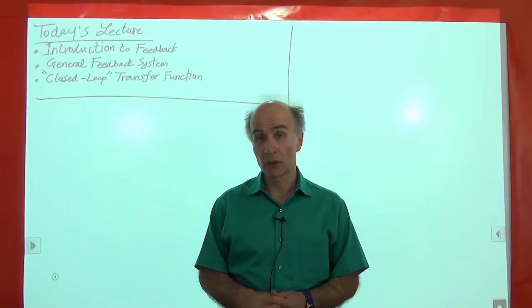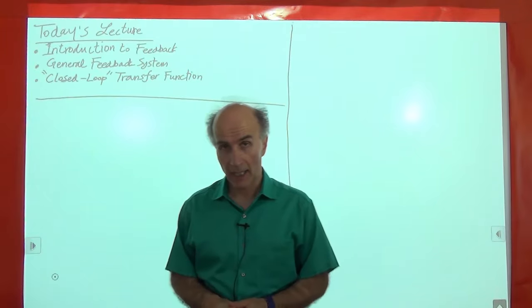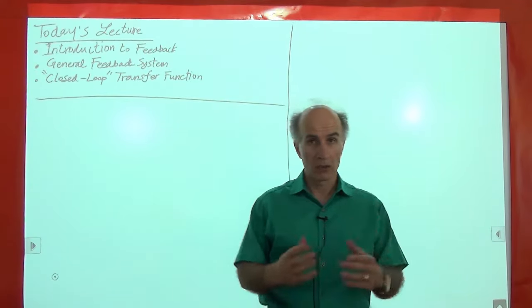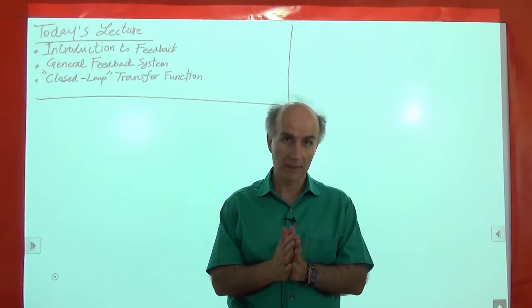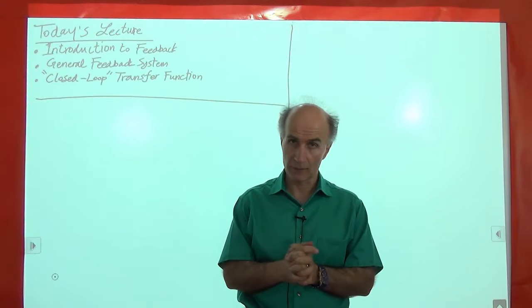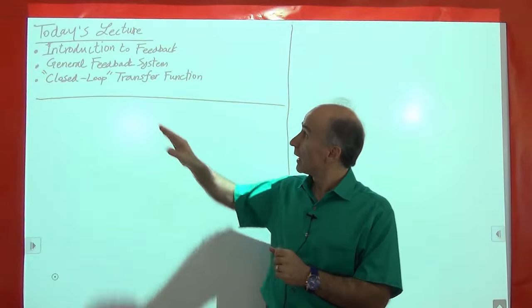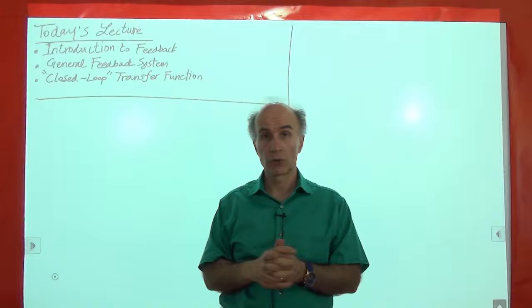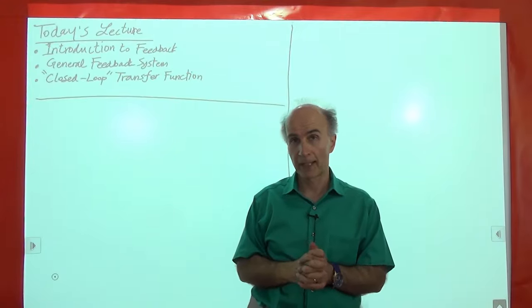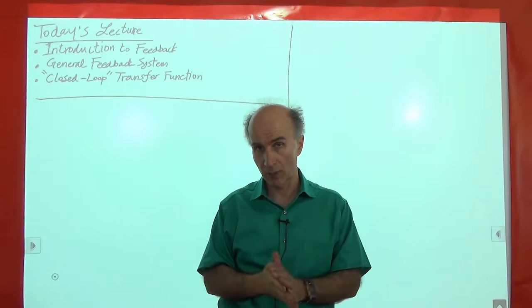Today we will start a new topic, namely feedback, and begin to introduce the concept and understand what it means and why it's interesting and useful. In particular, after some introductory remarks, I will show you the general feedback system and identify its various components.